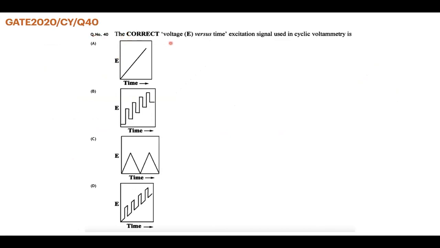Coming back to our question, where we were provided four different options, you can see the voltage E versus time plot for the excitation signal that we get from our potentiostat should be, so the correct option is C. The other three options are not correct because we are talking about cyclic voltammetry.